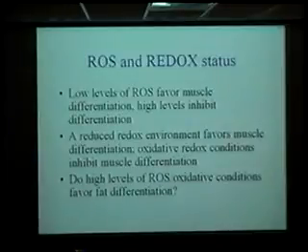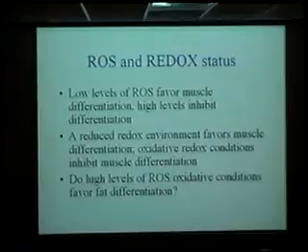And I think that people are kind of missing the point. When the redox status of the cell changes, the entire expression fingerprint of the cell changes. And this is something that's becoming very apparent to us as we look at our array data. So I think I convinced you that the redox environment, the reactive oxygen species environment, is important for promoting muscle differentiation. Well, what about that story about fat differentiation?